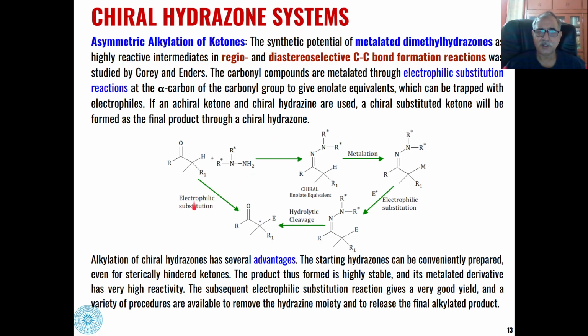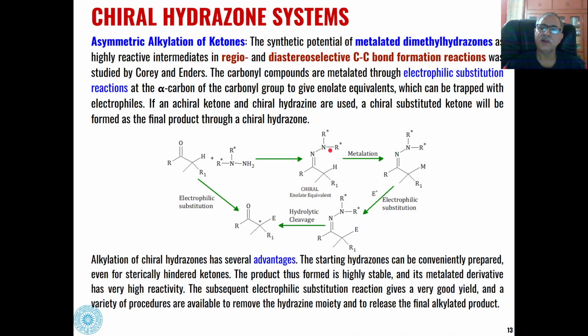So here what happens is if we are having an achiral ketone and we react this with a chiral hydrazone, what we will get is a chiral enolate equivalent formed.